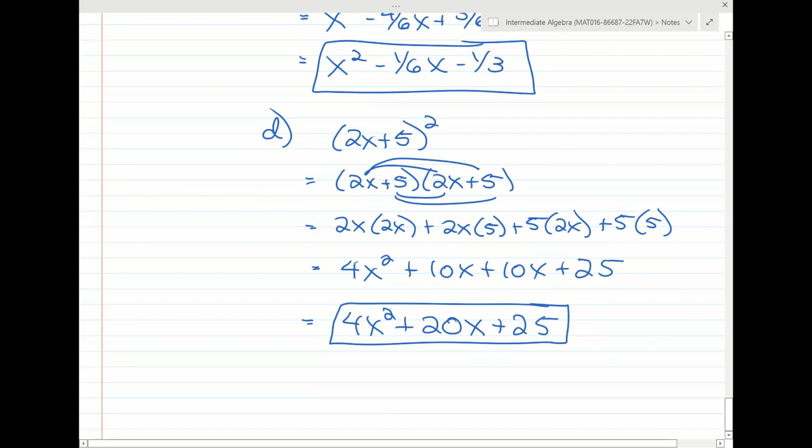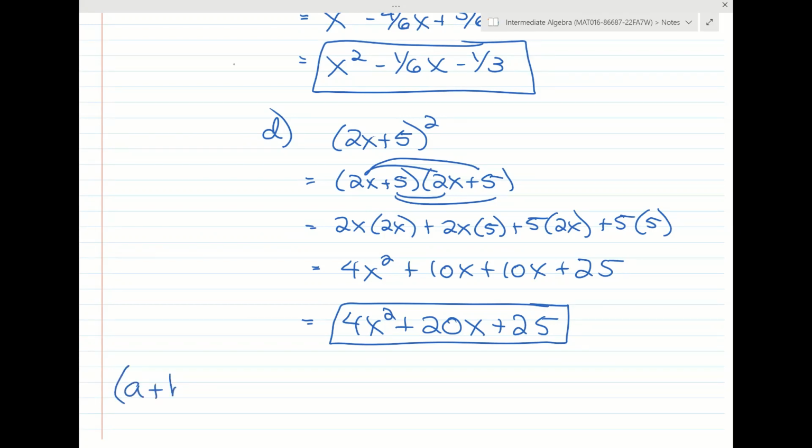Well, there's a little bit of a shortcut with this. You don't have to know the shortcut. It's a formula. It saves you maybe like 30 seconds. But the shortcut is, if you have something plus something else squared, what you could do is square the first term, multiply the two terms and then multiply that by 2.